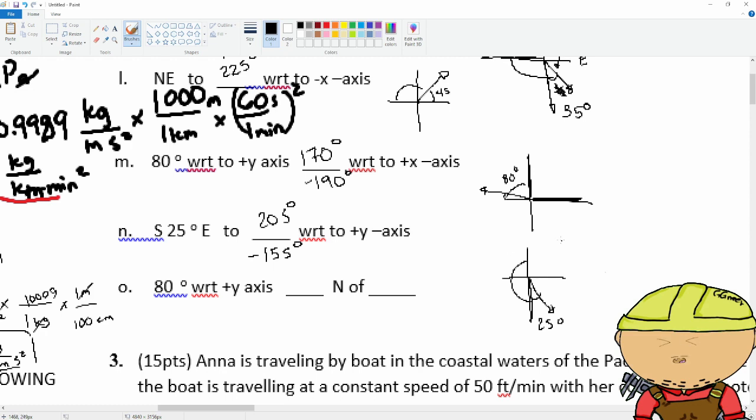For 80 degrees with respect to y-axis, that's y-axis first, right? Counterclockwise, this is the one, 80 degrees with respect. That's the same as M, but it is north. So if this is north, this is west, it's going to become 80 degrees. Oh, no. Just put the direction first, west, 10 degrees north.